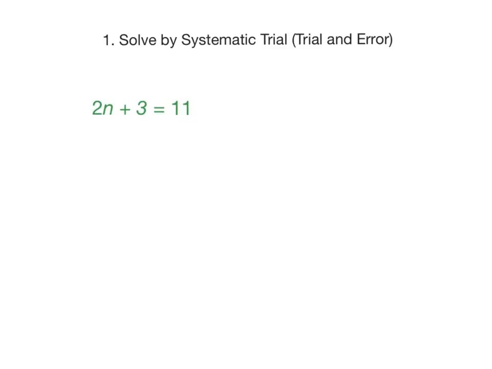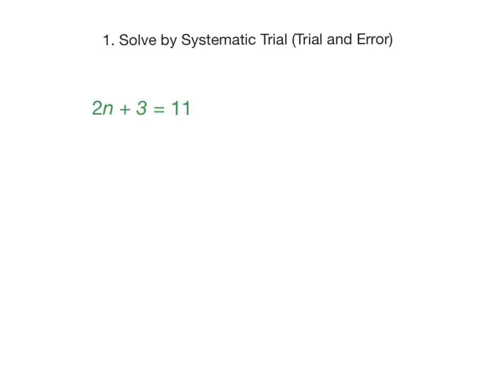This could also be read as 3 added to twice a number or double a number will give us 11. Similar to what we've done with the expressions by substituting a number in for n, we're going to be doing the same thing here, only this time it must equal 11 because we are solving algebraic equations.